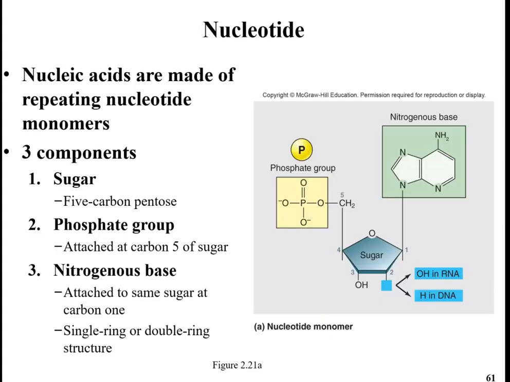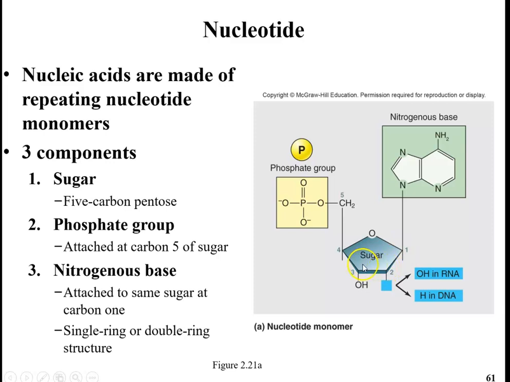Nucleic acids are made up of repeating nucleotide monomers that we just saw: the sugar, the phosphate, and the nitrogenous base. The sugar is always a 5-carbon pentose. This gets down in the weeds a little bit, but the phosphate group is attached at carbon 5 of the sugar. So when you label sugars, you have this oxygen here, and the first carbon is out to the right of that.